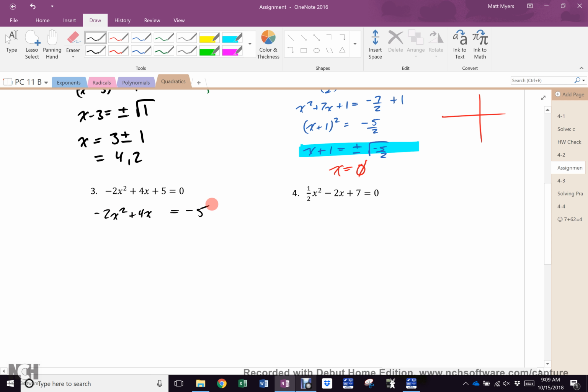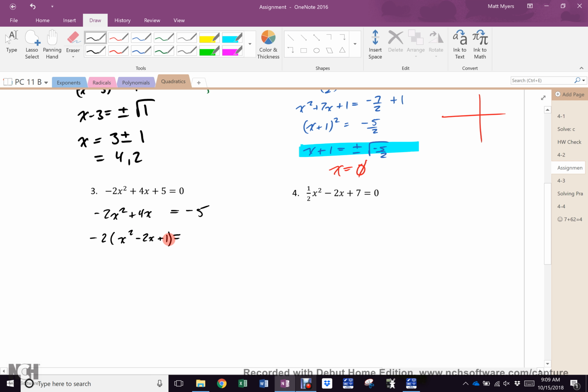Everybody's cool there, yeah? What comes out here? Negative 2, leaving me with x squared, yeah? Minus 2x, yeah? Half of negative 2 is what? Negative 1. Negative 1 squared is what? Positive 1.